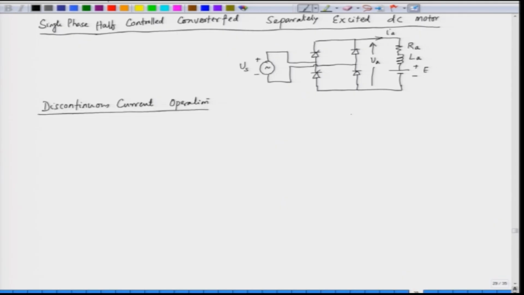If we see the operation of this converter, we have the input supply which is a sine wave, this is the negative of that supply, and we have a back EMF which is E, and we trigger at an angle alpha here, this is pi and this is pi plus alpha.